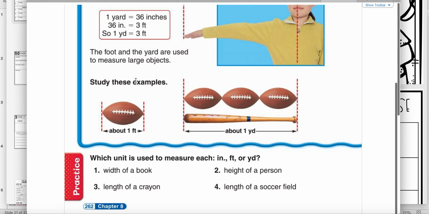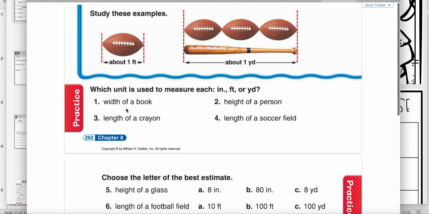So let's take a look here. The width of a book, would we use inches, feet, or yards to measure it? I think we would definitely use inches. What about the length of a crayon? We would definitely use inches.